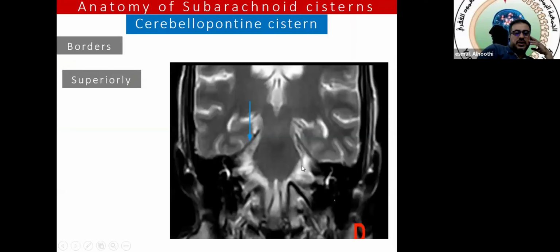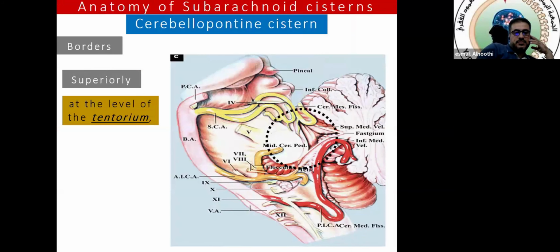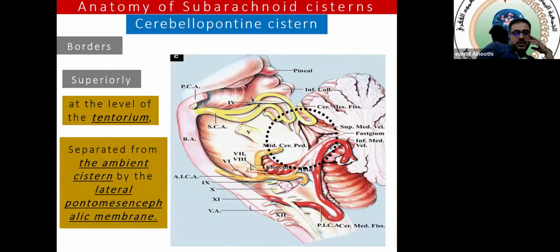It's bounded superiorly at the level of the tentorium. It's separated from the ambient cistern by the lateral pontomesencephalic membrane. So just above it is the ambient cistern, which is separated from it by the lateral pontomesencephalic membrane.